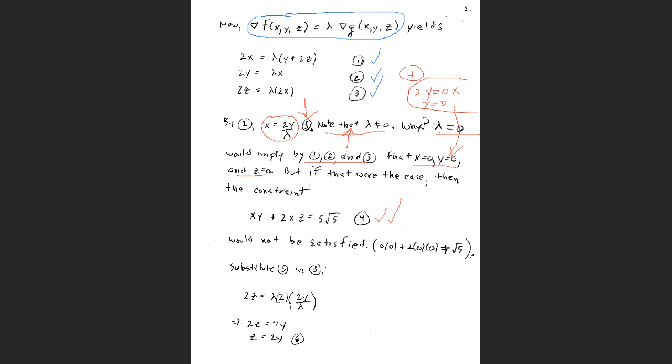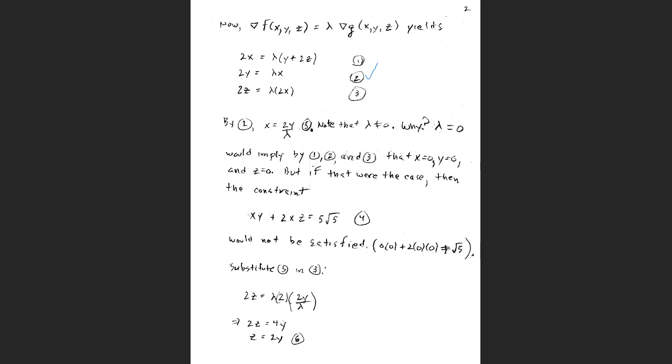All right, then what I'm going to do is take equation 5 and substitute it in equation 3. Remember, I have to make use of all 4 equations. I've made use of equation 2, because that was the easiest. Now I have to make use of the other equations.